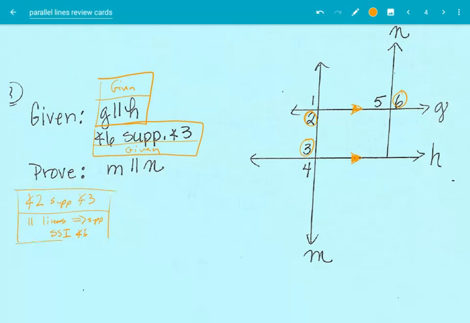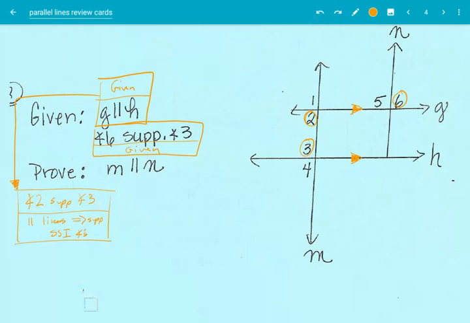All right, there's that. Now see what we have here. 6 is supplementary to 3, and 2 is supplementary to 3. So what do we do with those?